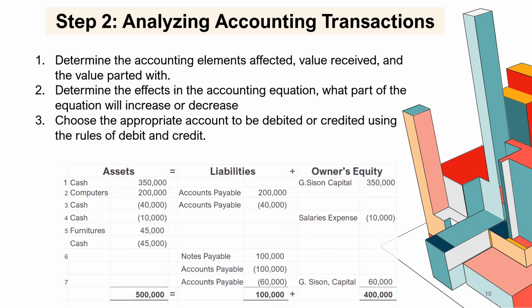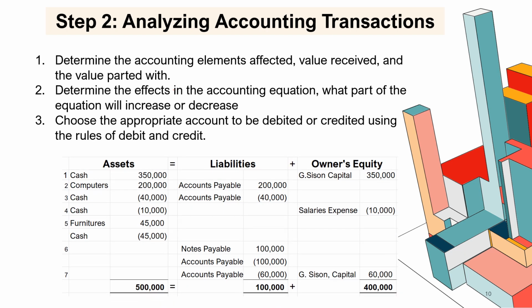Okay, so this is the output that we had before in our previous session. We have 7 transactions, and based on the transactions, we identified the accounting elements affected, whether assets, liabilities, or owner's equity. And then we also identified whether the effect in the accounting equation is an increase or decrease. So we'll check the amount.